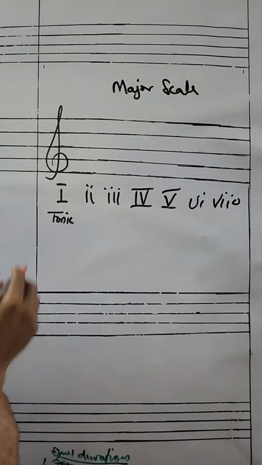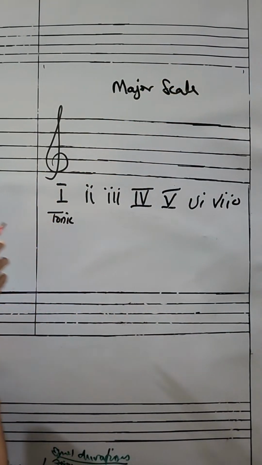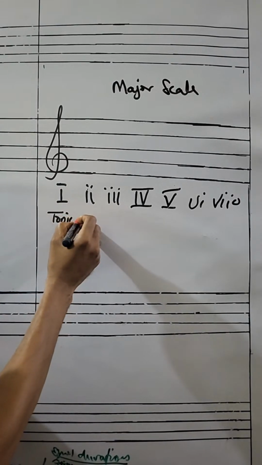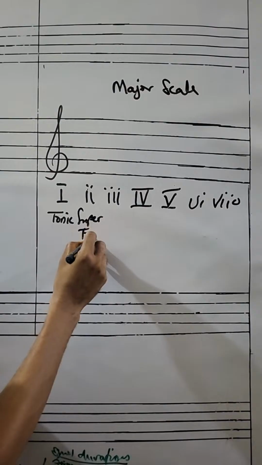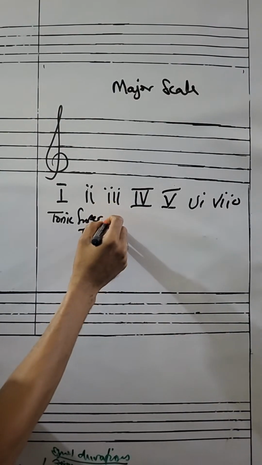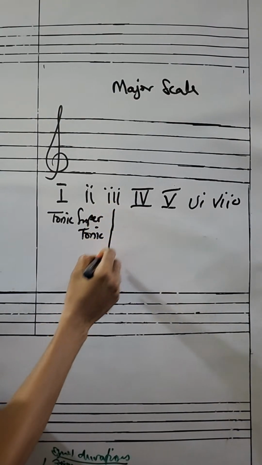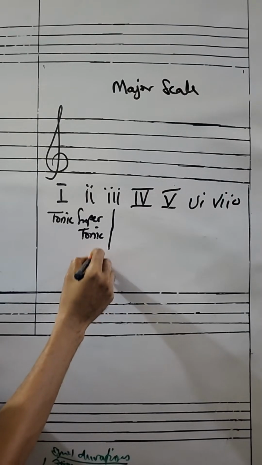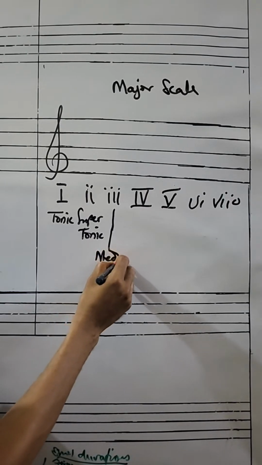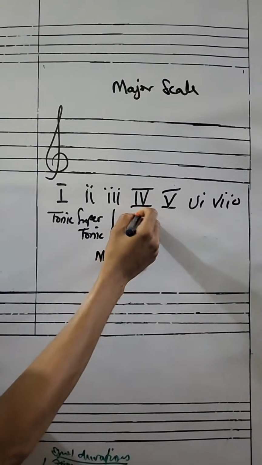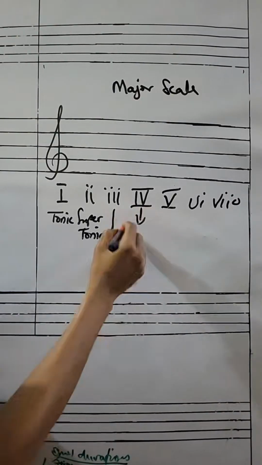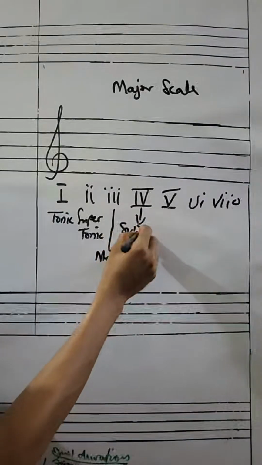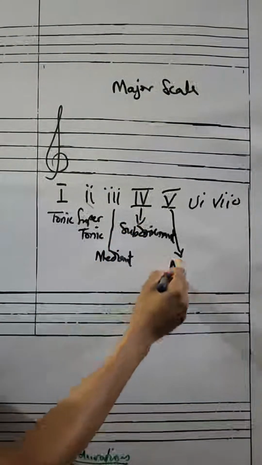So in a major chord, your 1 is your tonic. Your 2 is your supertonic. Your 3 is your mediant. Your 4 is your subdominant.